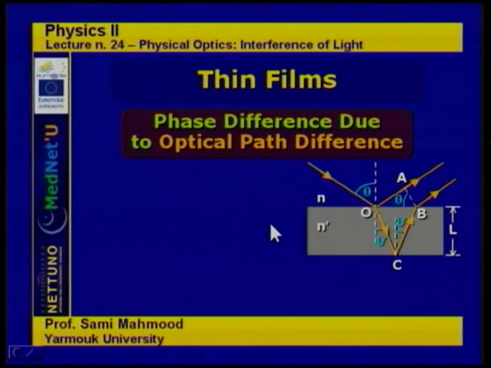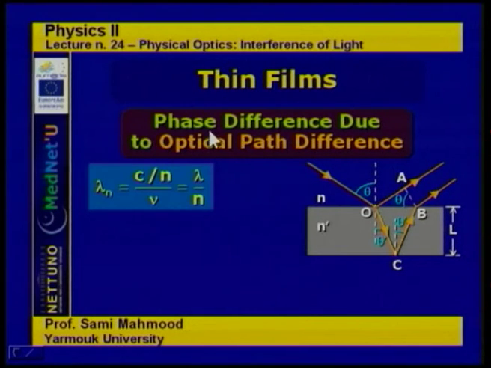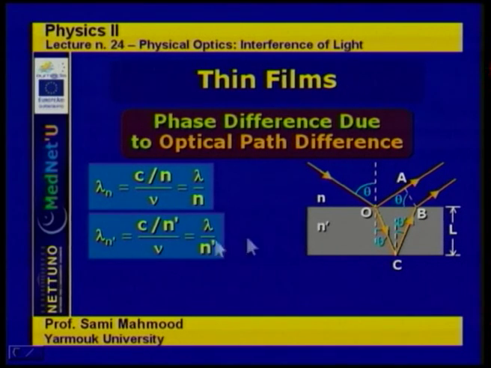So we have two sources of the phase difference, and one of them is arising from the optical path difference, and here, because the two media have different indices of refraction, we look into the wavelengths in the two media. Lambda in the first medium is simply C over N over the frequency nu, which is lambda over N. In the second medium, the wavelength is simply C over N prime over the frequency, which is lambda over N prime.